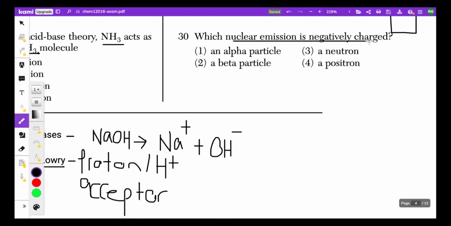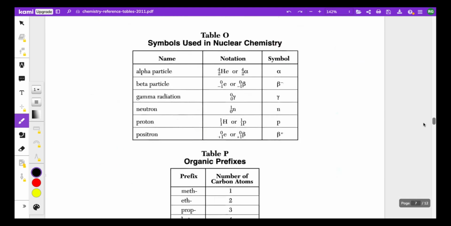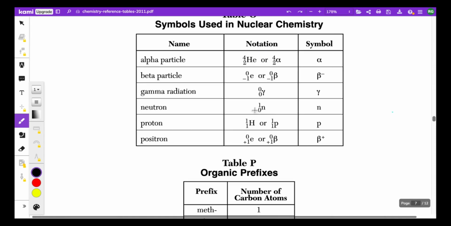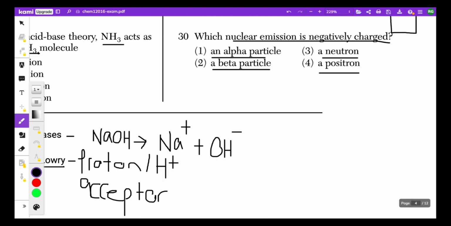Which nuclear particle is negatively charged? A beta particle, a positron, a neutron, an alpha particle. Now, if you don't know this, scroll right here. Which one is negatively charged? Let's take a look. Is a neutron negatively charged? Nope. Is a positron negatively charged?